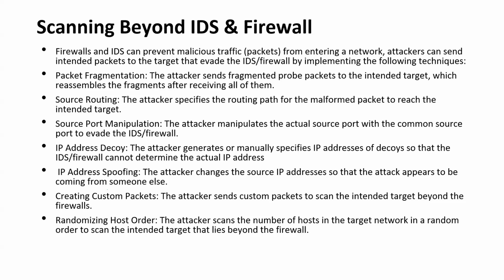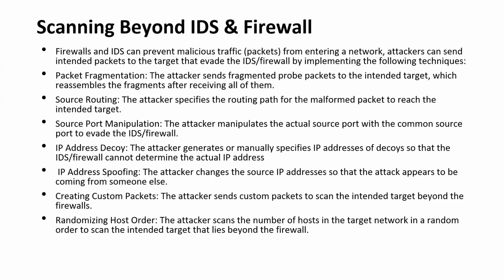When you are sending fragmented packets, the target just waits to collect all the different fragments, and once it has received them, it will assemble and forward them. So if you have these firewalls, you can use this technique to bypass them.